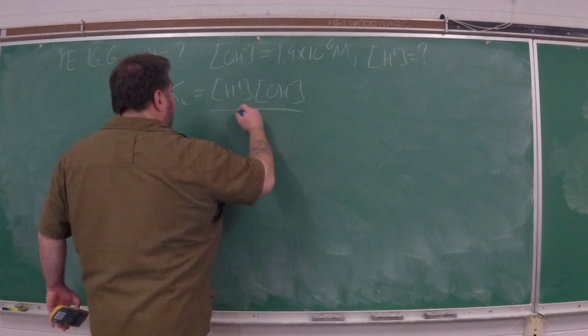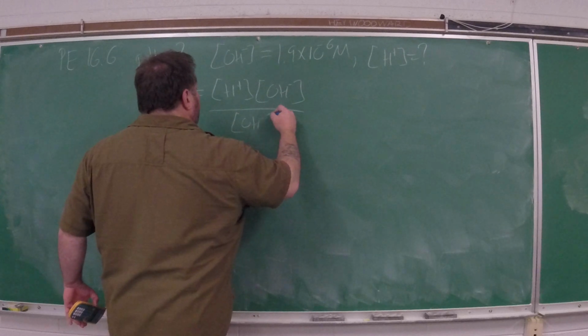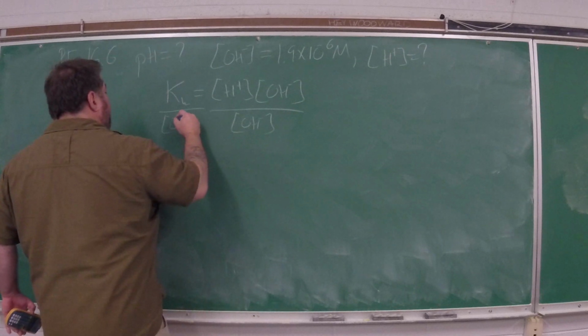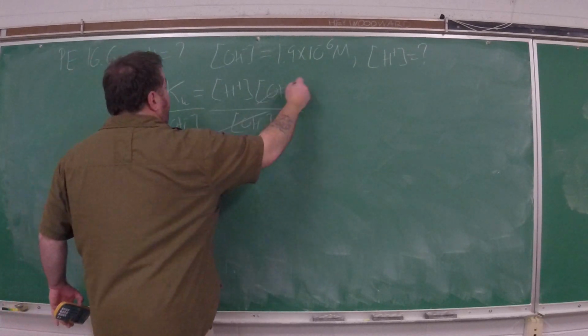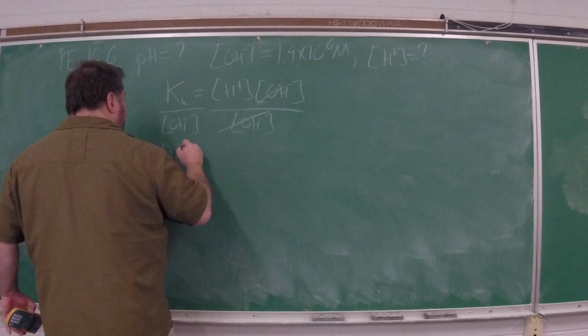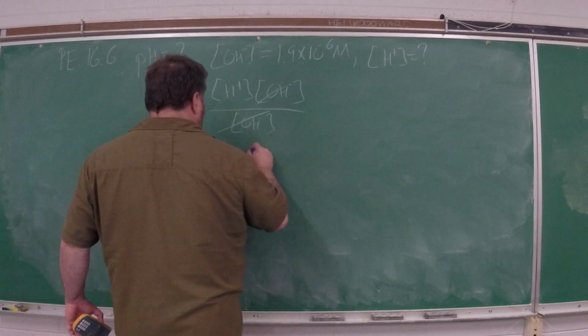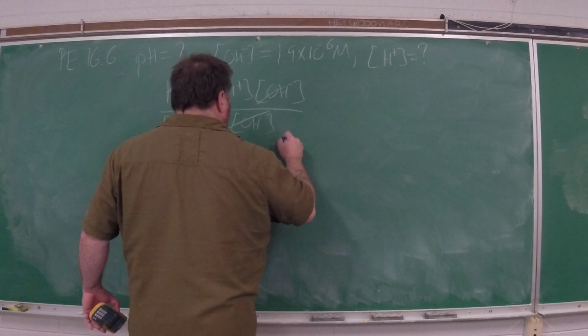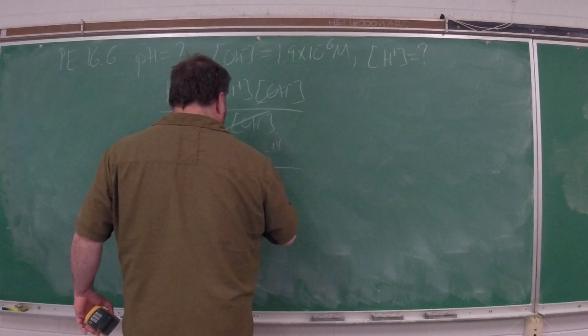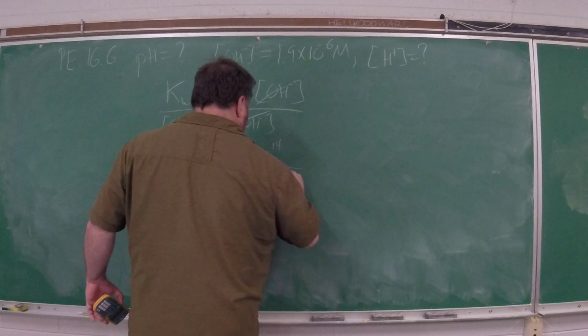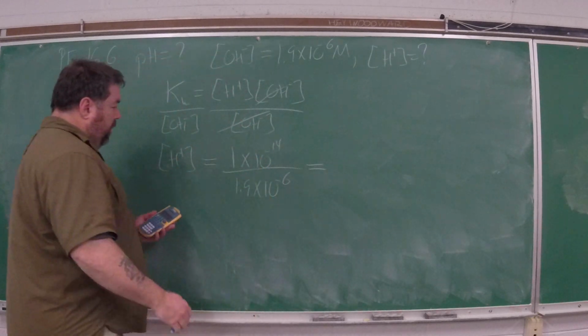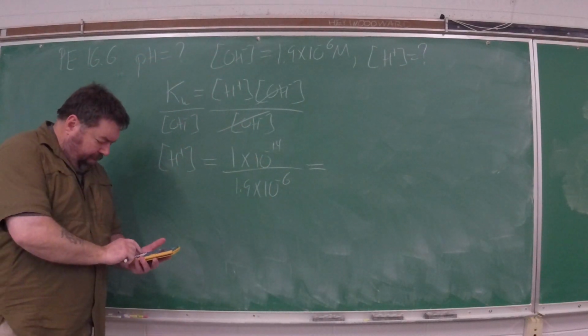Divide through by the hydroxide concentration, that cancels, flip this around, and stick my numbers in here: 1 times 10 to the minus 14 divided by 1.9 times 10 to the minus 6. I'm going to need my trusty calculator for that.